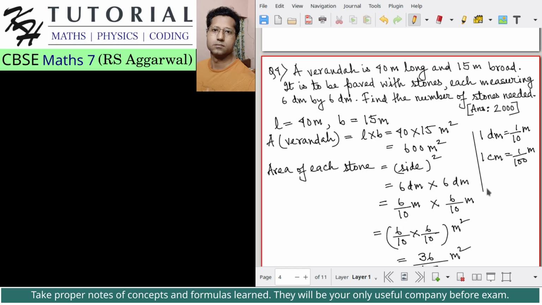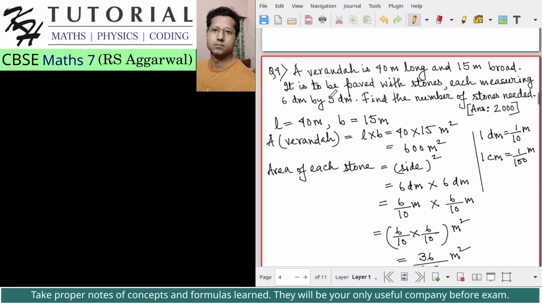Let me quickly check if I have copied the question correctly or not. That could also be an issue. And yes, it is not 6 by 6 dm, but this is 6 by 5 dm.